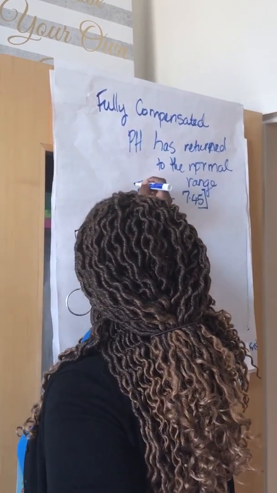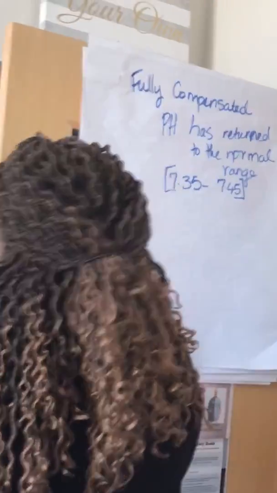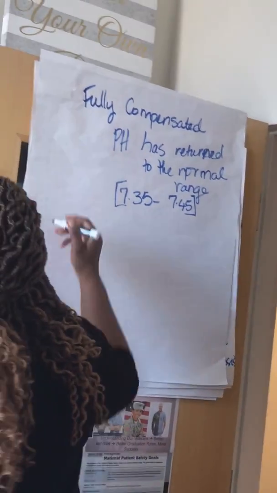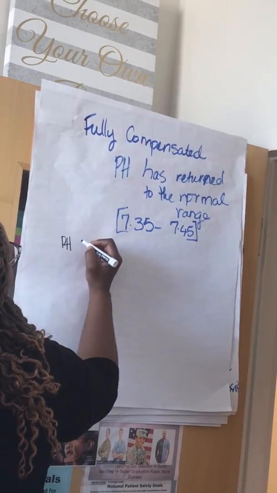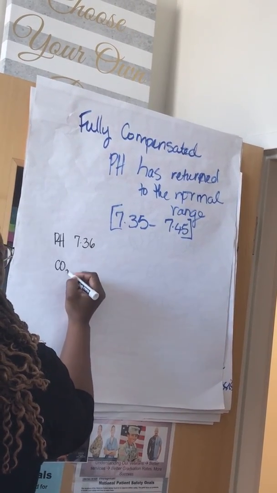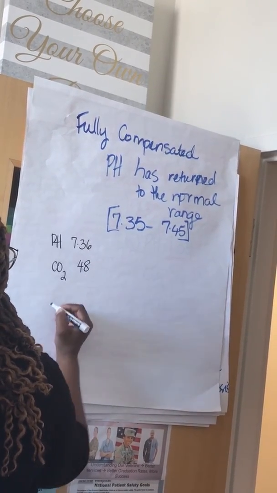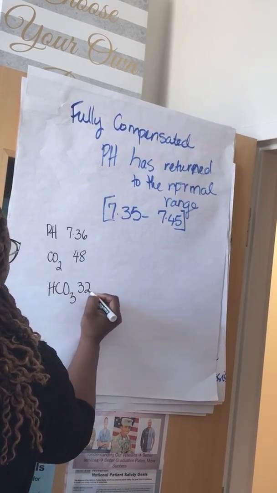That's our normal range. The other values are going to be off, but the pH has gone to the normal range. So for example, a pH of 7.36, CO2 48, and bicarbonate of 32.